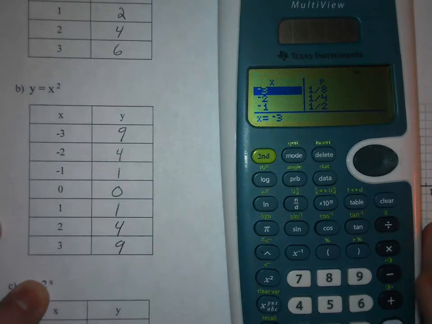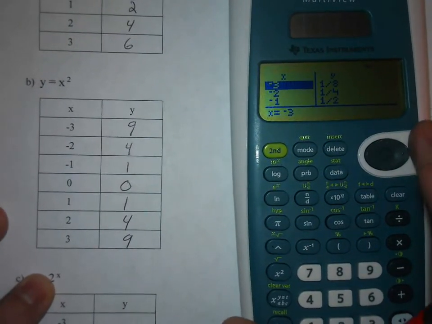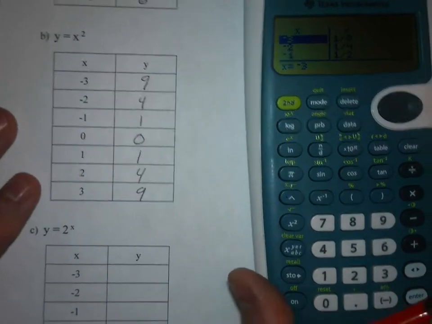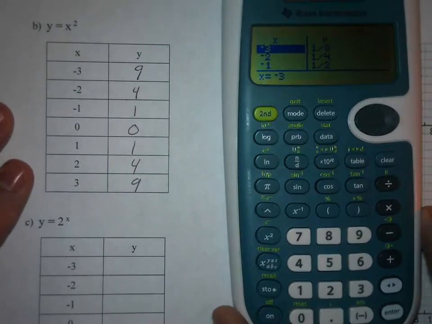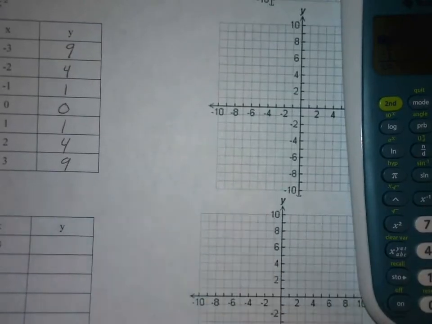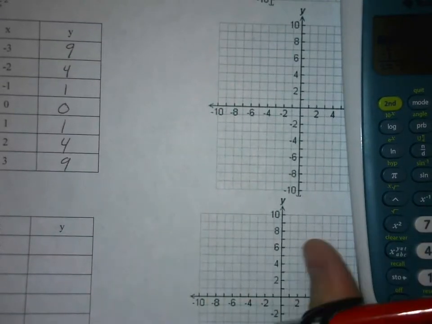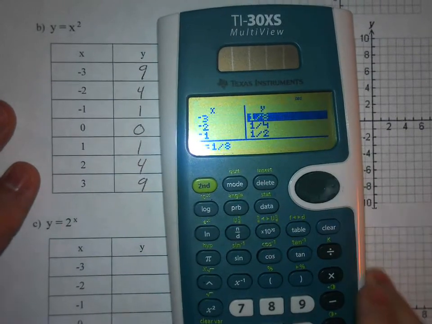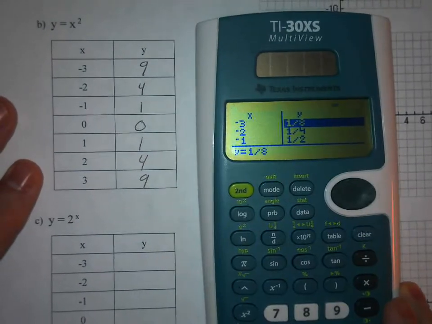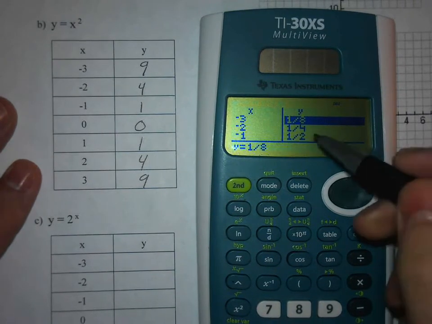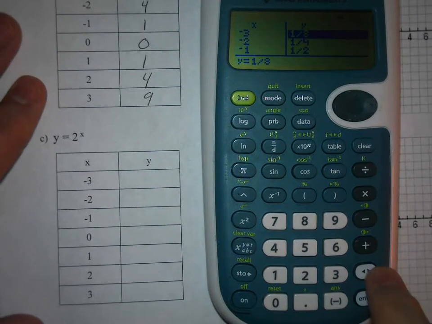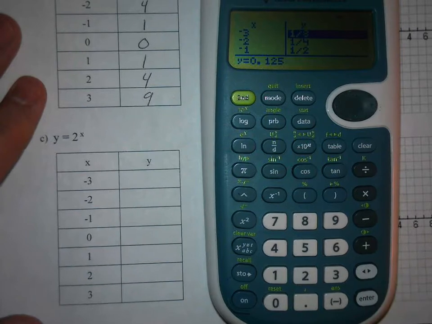Now the reason I wanted to go over this one with you also is, notice it gives you fractions. Well, sometimes, depending on what the fractions are, they may be difficult to graph, because remember, we're going to put these on a grid here after we get the points. So one thing you can do is use your arrow key to scroll over and highlight the fraction, and then if I hit the double arrow button, that'll change your number to a decimal, or vice versa, your decimal into a fraction.